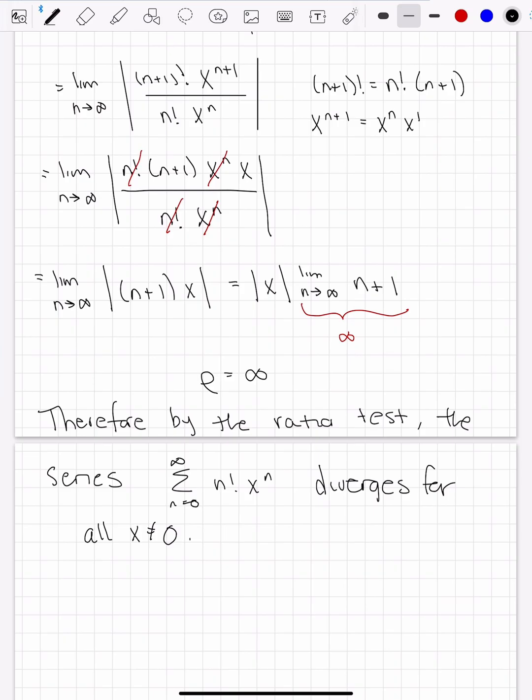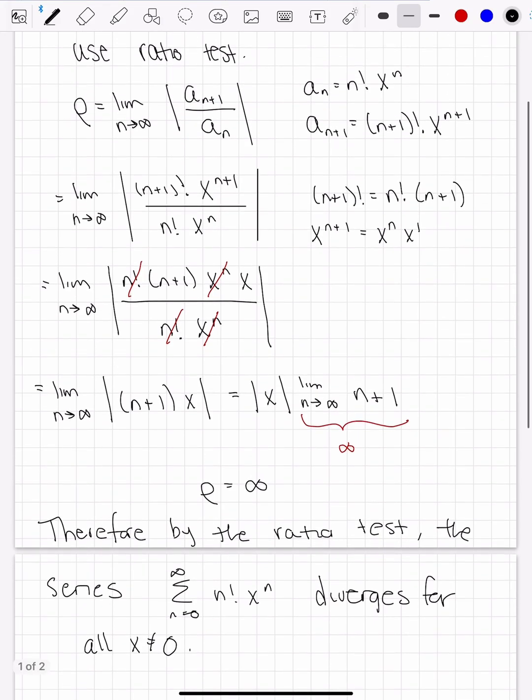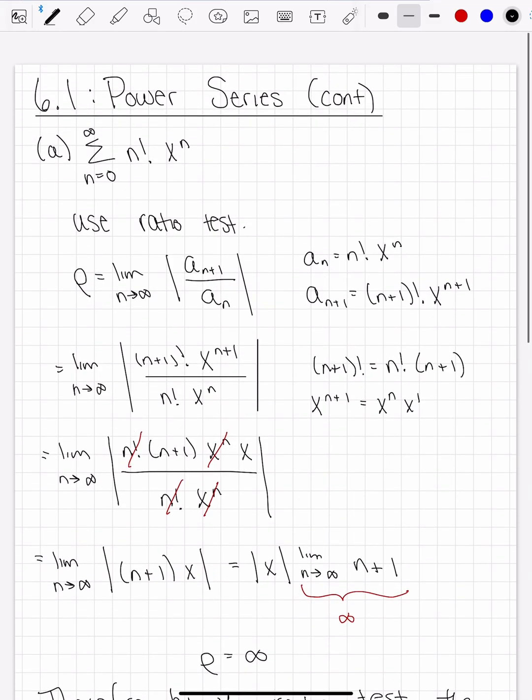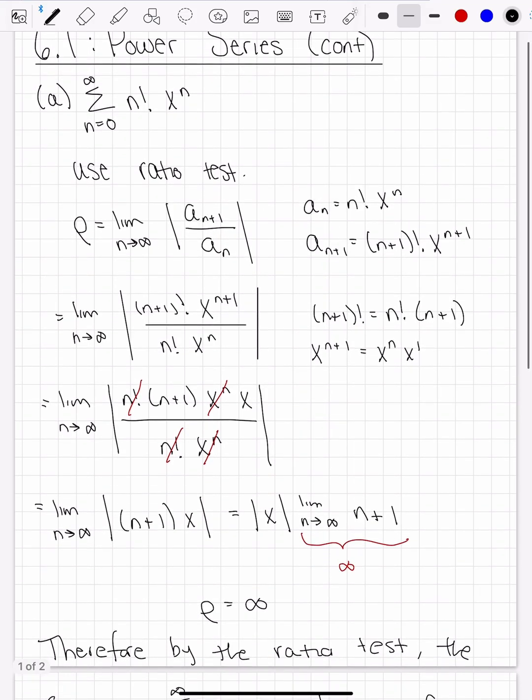Remember that from the ratio test we had three possibilities, and one of them was that if rho ends up being infinity, or if rho is greater than 1, then we get divergence. So the only place this would converge is at its center, when x is 0. The center is 0.